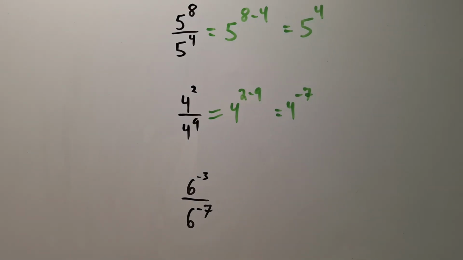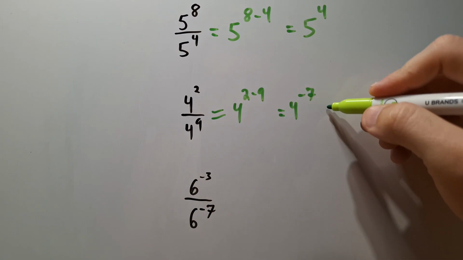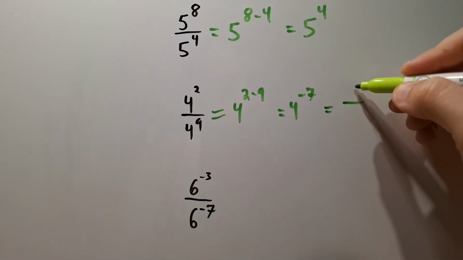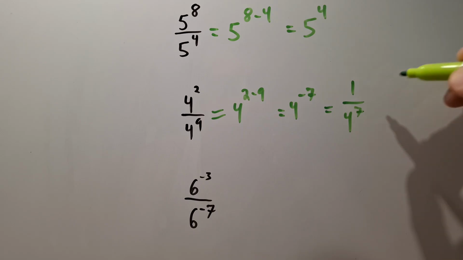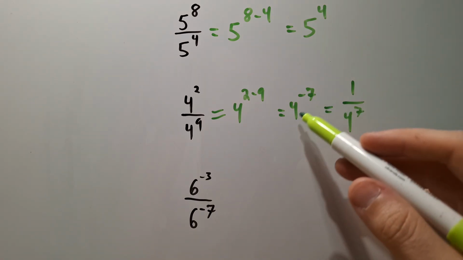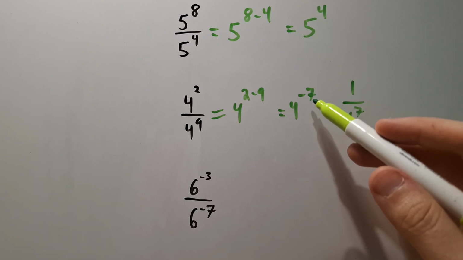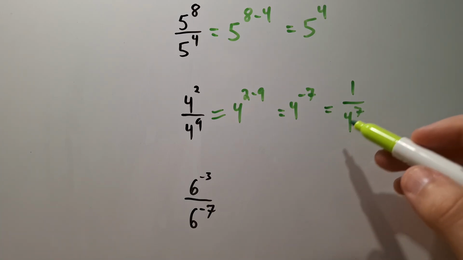So just to do that, all you're going to do is take the reciprocal of this, like so. Just rewrite using a positive exponent, because the majority of the time we will not be having our final answer with a negative exponent. We will always rewrite them with positive exponents like this.